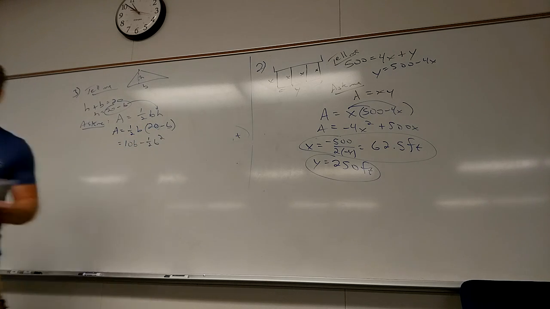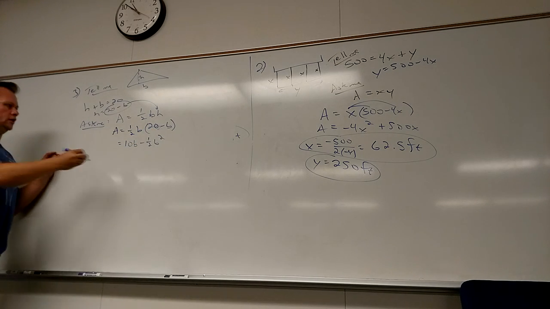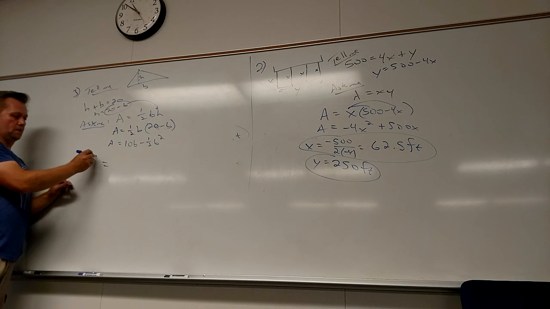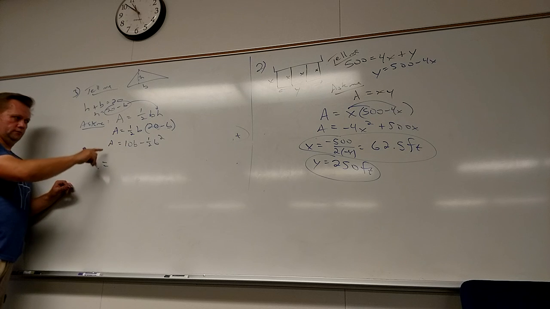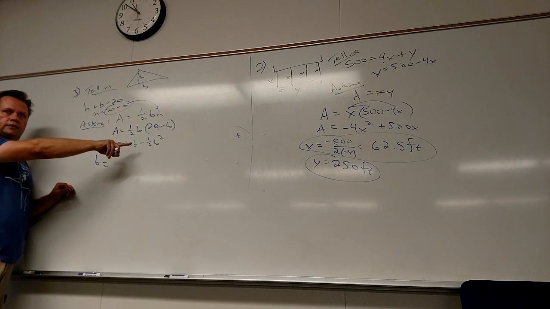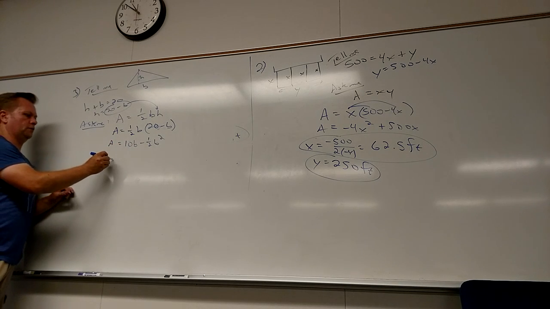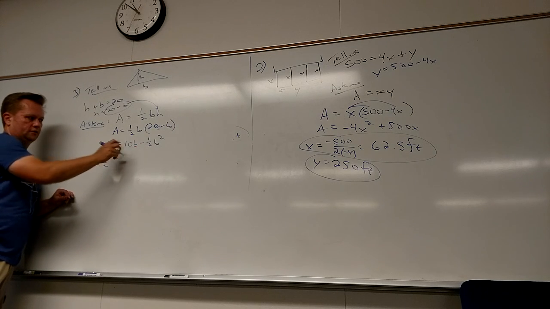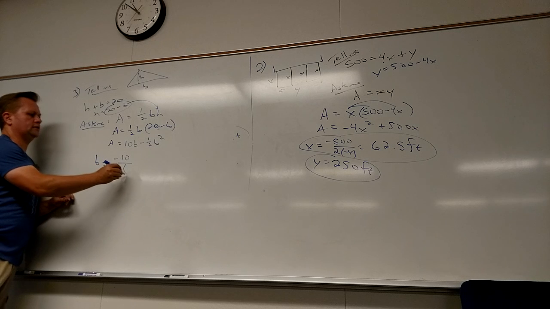Some of you guys see the fraction and go running. You guys are silly, because what's going to equal negative b over 2a? B is acting like x here. So negative b, what's b? Positive 10 over twice a.